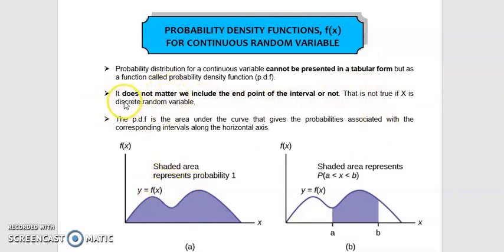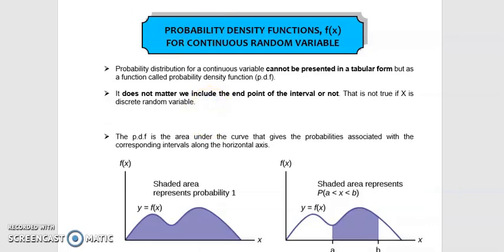So in continuous also, it does not matter whether we include the end point of the interval or not, which is not true if x is a discrete random variable. What is meant by this point is, for example, in discrete, we want to find the probability of x greater or equal to 3.